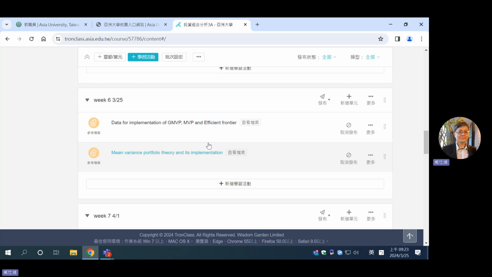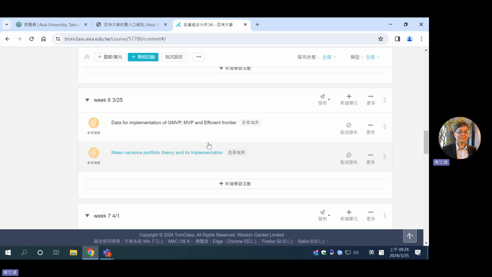But to be honest, Excel is not really a good tool to help you do a lot of data analysis and data calculation. So what I'm planning to do is give you some homework requiring you to use R coding. Of course, if you prefer to use Python, that will be fine, okay? Because both languages can be implemented easily.